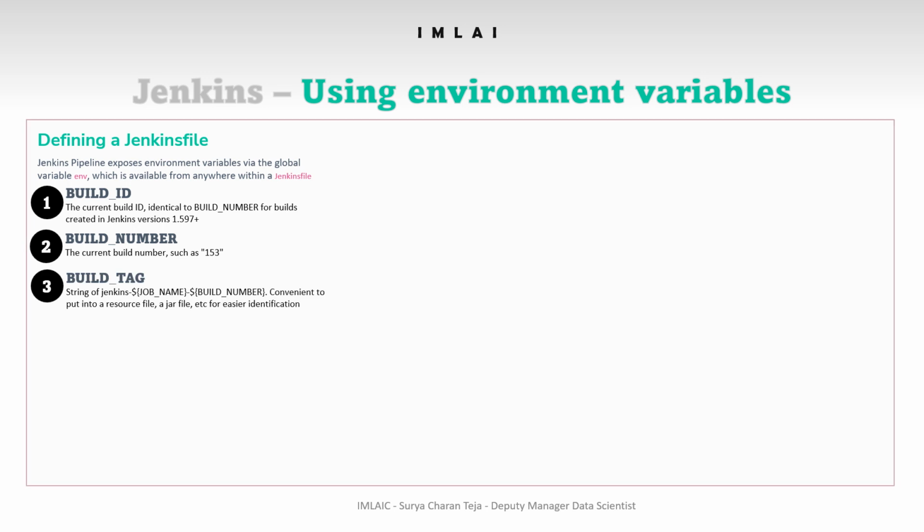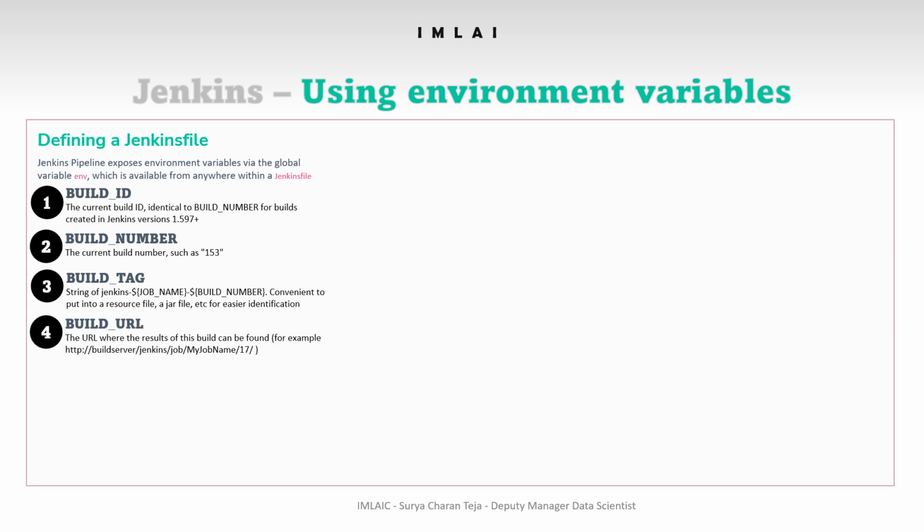And BUILD_TAG, a string of Jenkins. Job name and build number, all together can be attached as a build tag. It is convenient to put into a resource file, a jar file, etc., for easier identification.